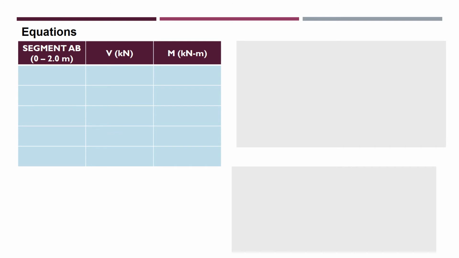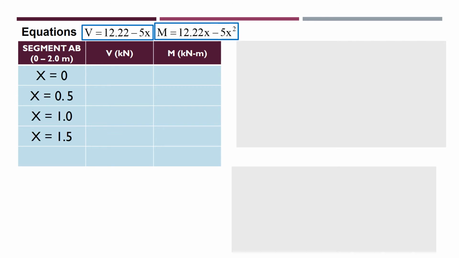So ginamit ko rin ulit ang 0.5 meter increment. So that for segment AB na may limit na 0 to 2.0, ang x values start from 0, then 0.5, 1.0, 1.5, and 2.0. Using the shear equation and the moment equation, find the values for the corresponding x.